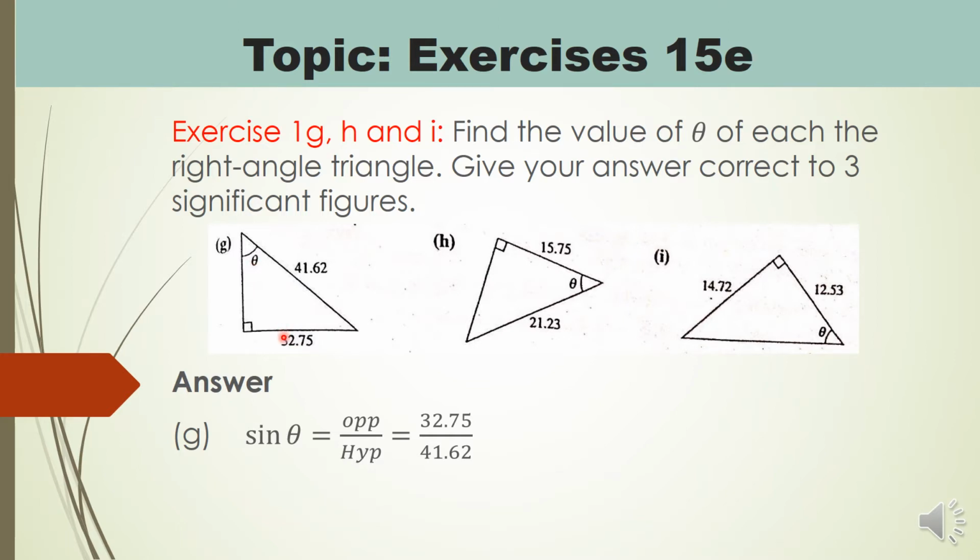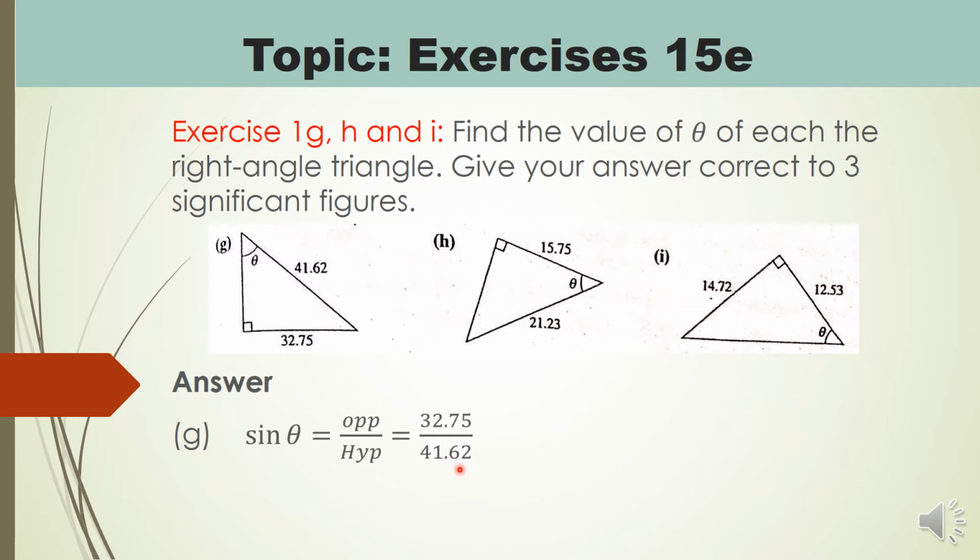We decide to use sine, because sine equals opposite side over hypotenuse. The opposite is 32.75, and the hypotenuse is 41.62. So sine theta equals 32.75 over 41.62.